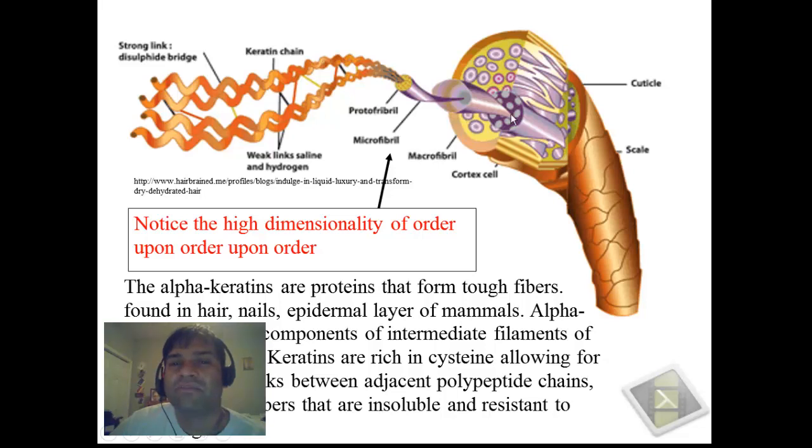The microfibrils aggregate together and associate to form a macrofibril. And all of these macrofibrils come together to form the cortex. And within the cortex, you have the cuticle, and then from the cuticle, you have a scale. So you're basically building from a coiled coil all the way to a strand of hair. So really building, building, building, and building. Again, structural proteins important in the alpha keratins.